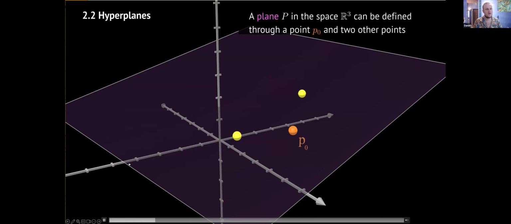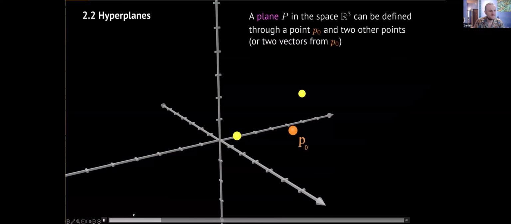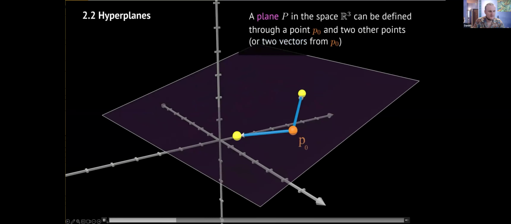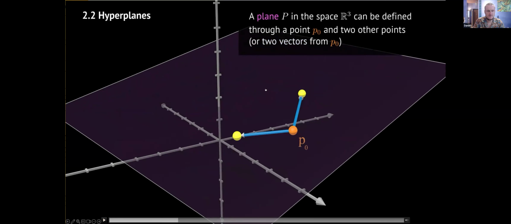The next best thing, we can say, okay, consider we have two vectors that somehow emerge from P0. Then we can still use them to draw the plane, right? And we can argue that every point there is can be obtained by adding these two vectors.